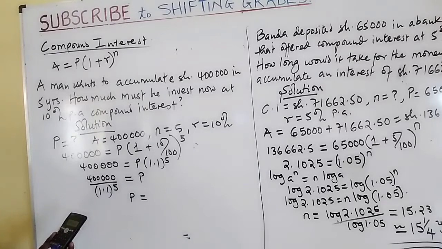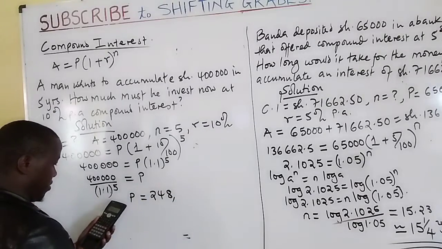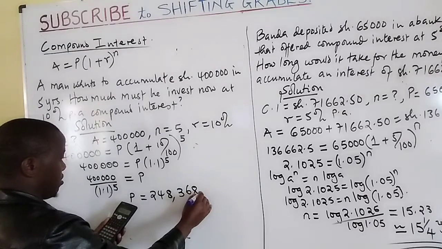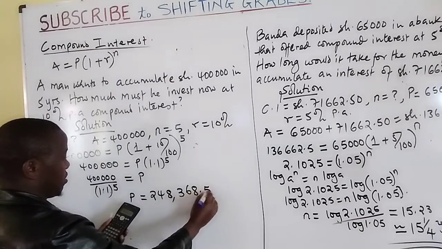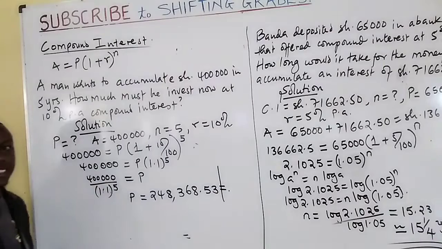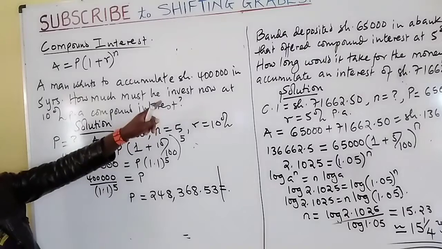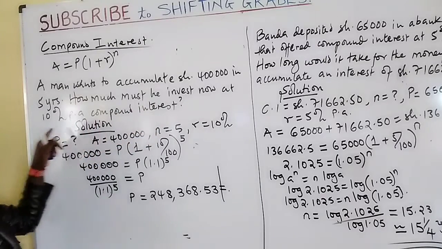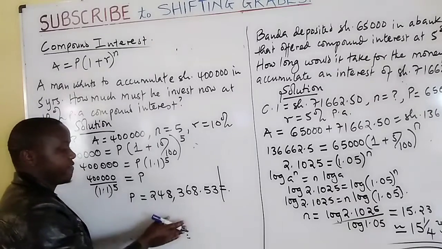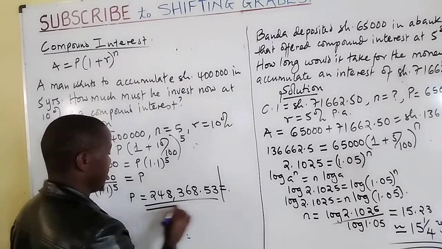Therefore, this will be 248,368.53. So the amount in shillings this man should invest now, so that after 5 years he'll have 400,000, with the rate for compound interest at 10%, is 248,368.53.